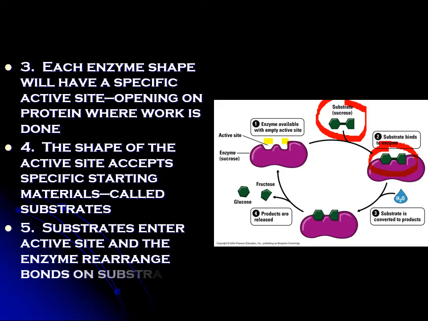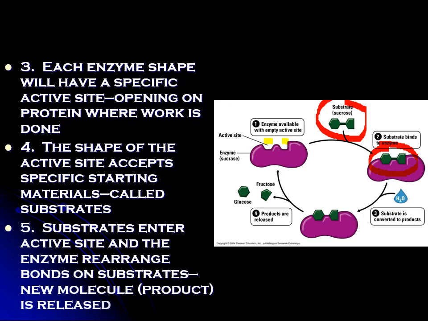The substrates enter the active site and the enzymes rearrange the bonds on the substrate, and a new molecule is released, or new molecules are released. So if you notice right here, we are going to be breaking that bond between those two, and we release the two products. That's breaking things down. You can also imagine if you're going in the reverse, you have two individual products that come in. Those are going to be bound to each other. They're going to be forming a bond, and they'll be released as one product.